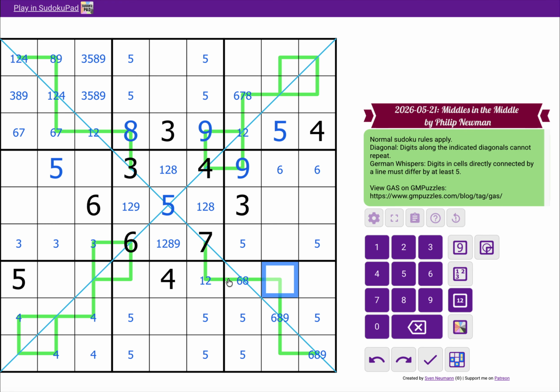No, actually, 4s can't go here. Can't go here, can't go here. So the only place 4s can go are here.